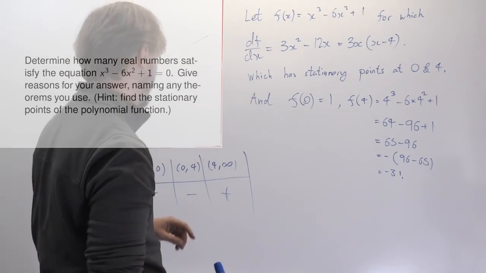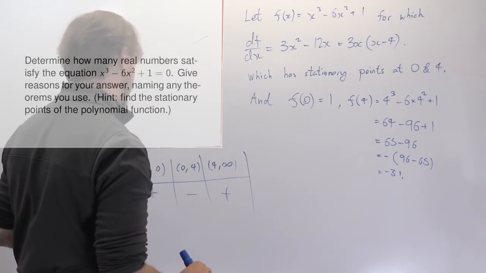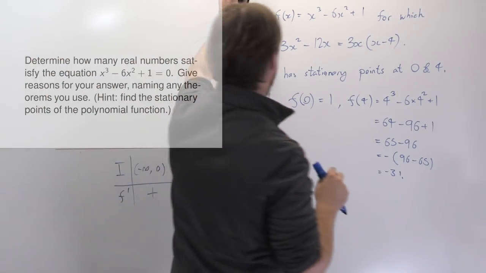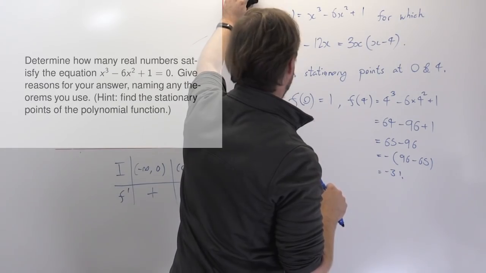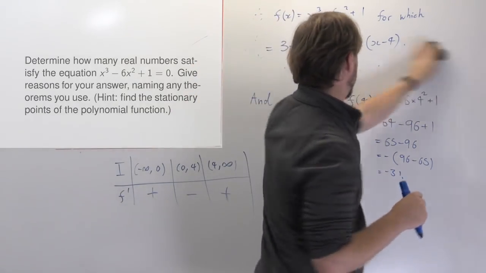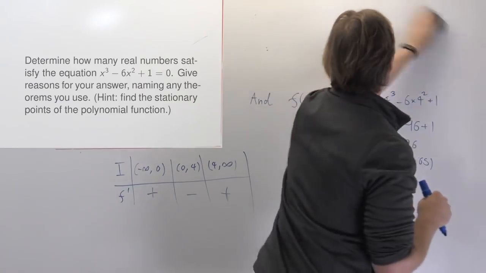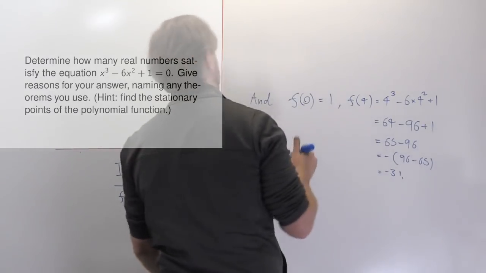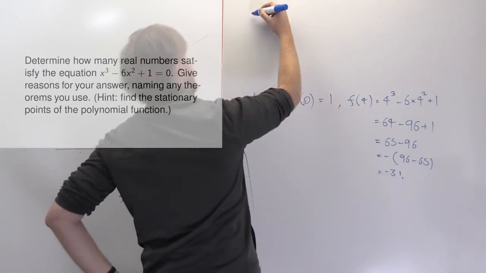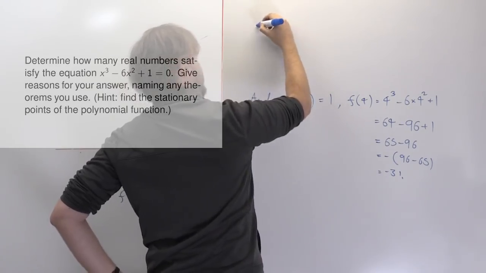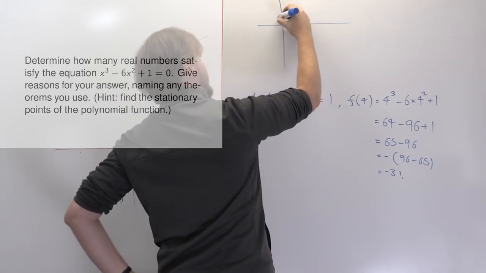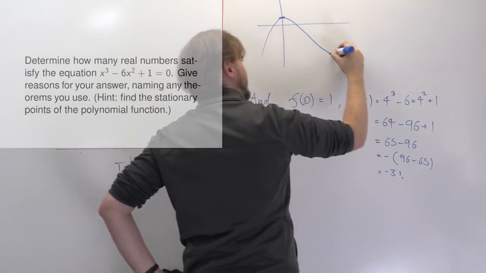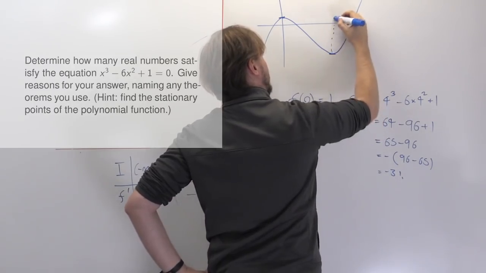Now a picture here is quite helpful to make sure we know what's going on. It'll help me motivate my final statements. So we know where the stationary points are. I do need the function values just to make sure I'm doing this right. We go through 1 here, that's minus 31 there, and the cubic does this. That was 4.